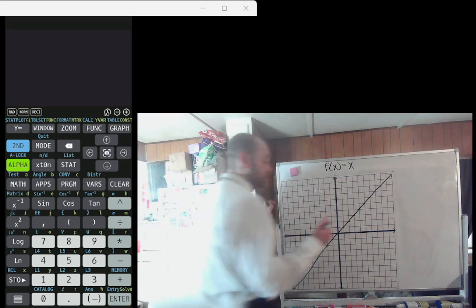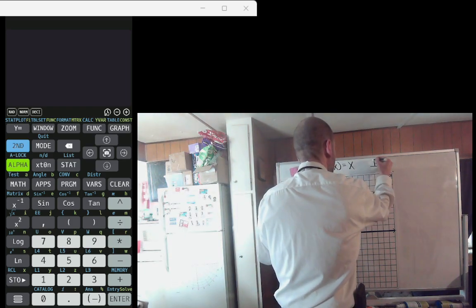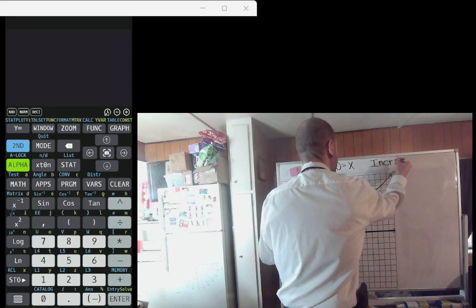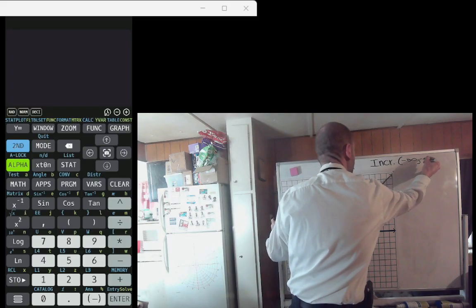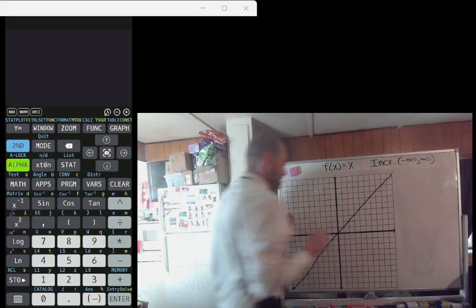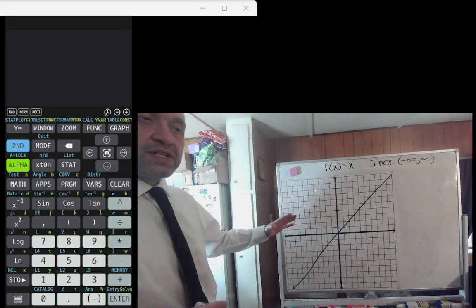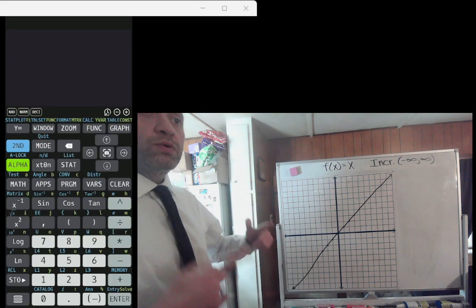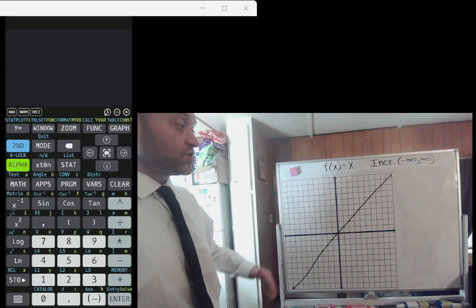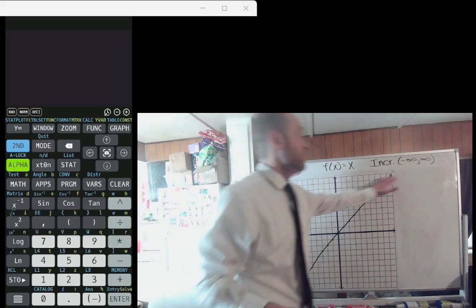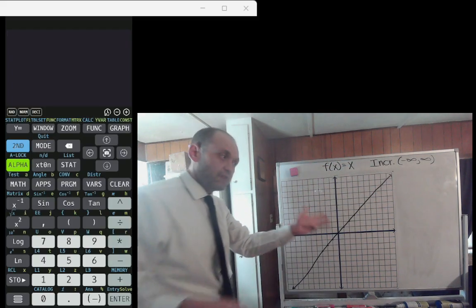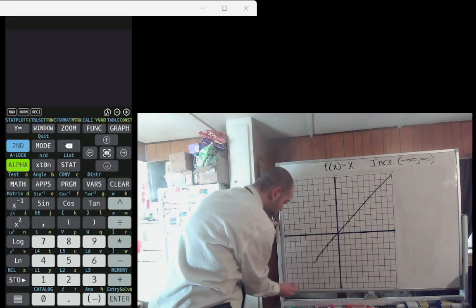So the entire function is increasing from negative infinity to infinity, because you always go from left to right to determine constant, increasing or decreasing. It's certainly not decreasing anywhere, and it's certainly not constant.